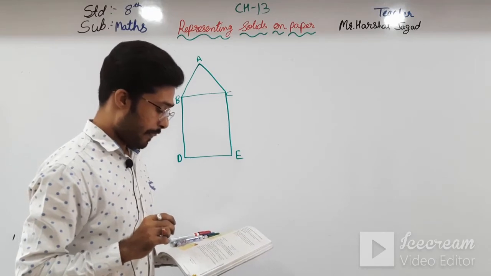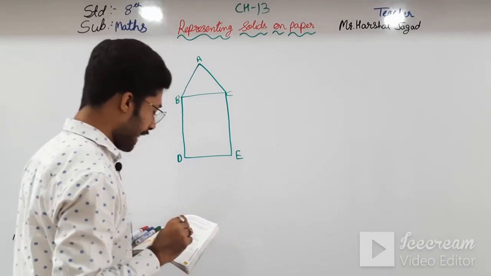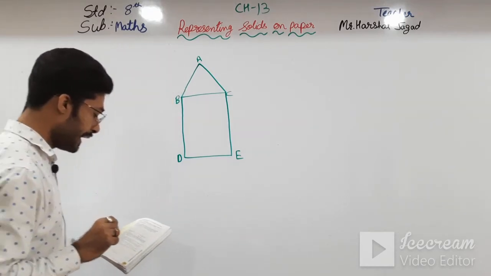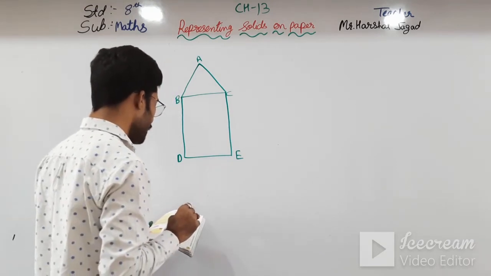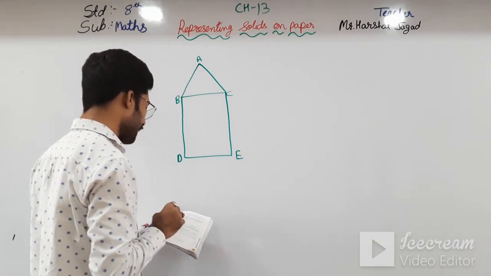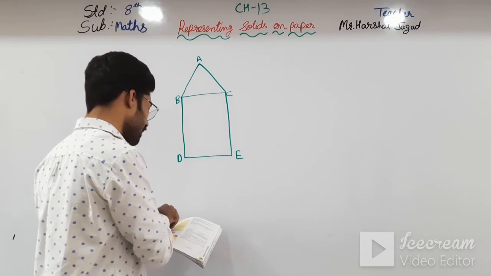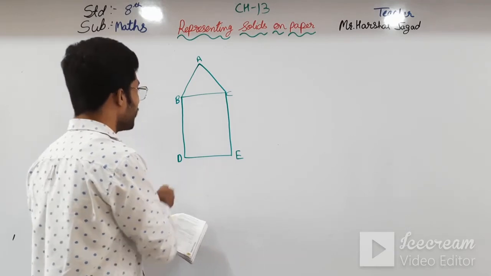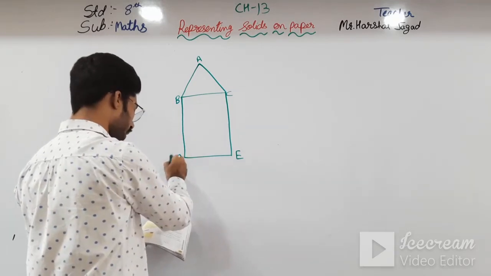So drop a dotted line parallel to BD or CE. We have to draw a parallel line to what? BD. This is BD or CE.